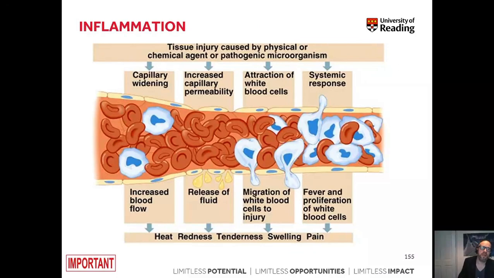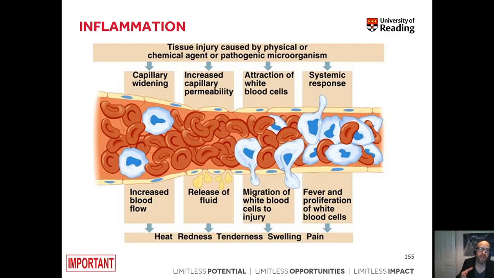So how does inflammation affect the whole system? If we have a tissue injury caused by a physical or chemical agent or pathogenic microorganism, this leads to capillary widening, increased capillary permeability, and attraction of white blood cells. And this is actually the most important step when it comes to the innate immune system.